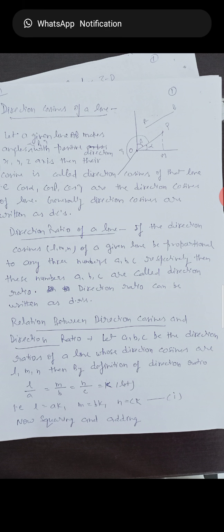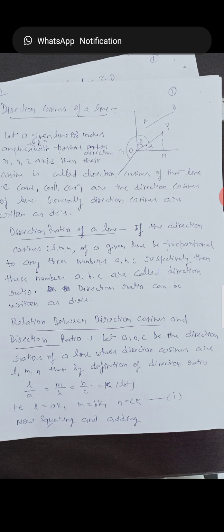Generally, direction cosines are written as d.c.'s, and also as L, M, N. It means L is equal to cos alpha, M is equal to cos beta, and N is equal to cos gamma, where alpha, beta, gamma are the angles with the positive direction of the x-axis, y-axis, z-axis.